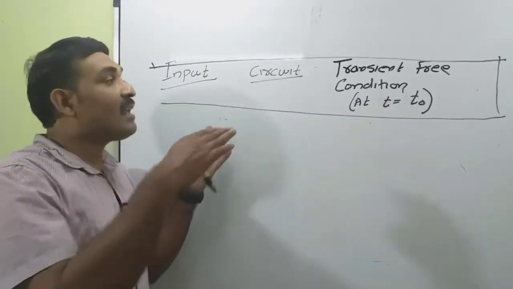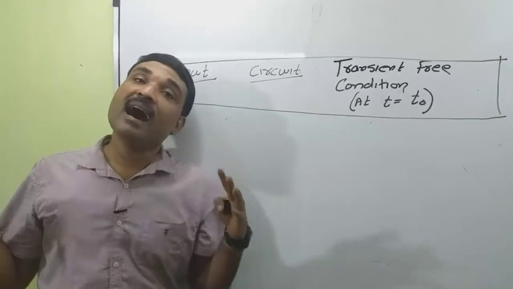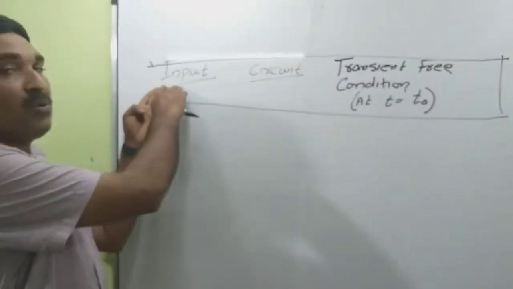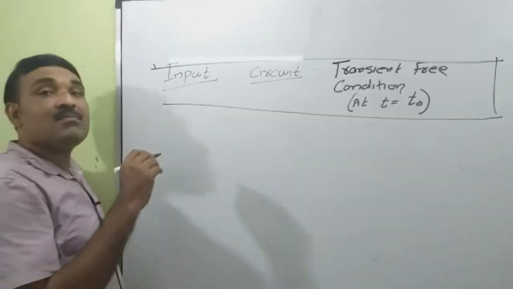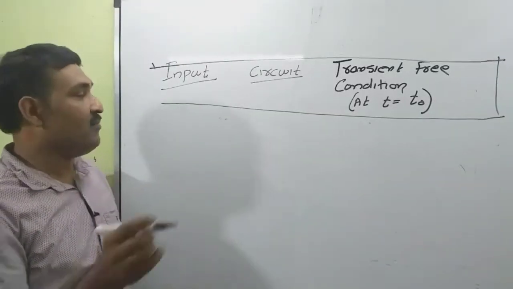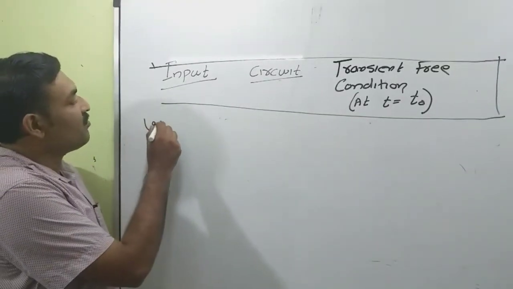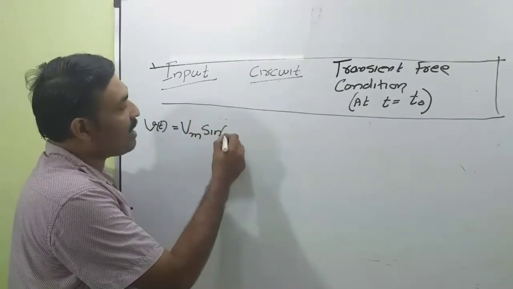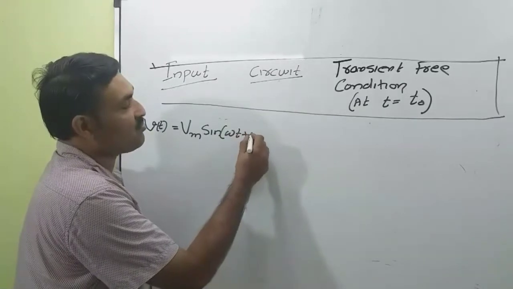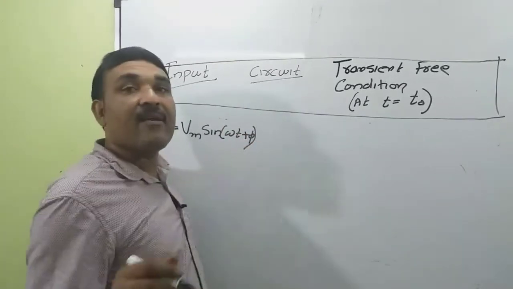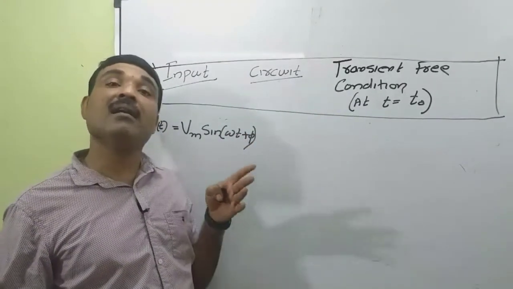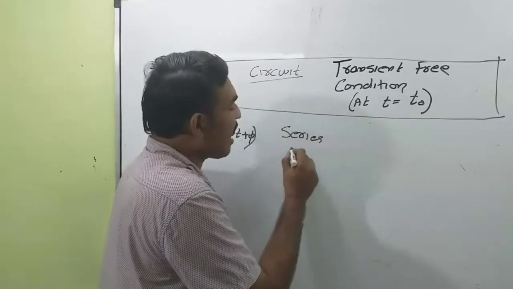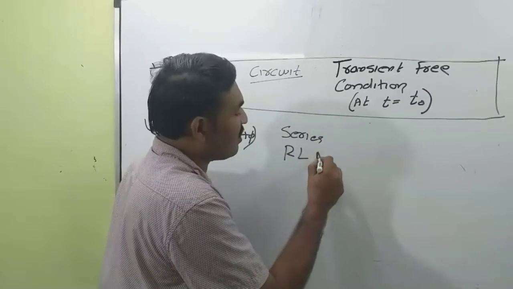Now we are going to generalize the concept for RL and RC networks if the input is a sine input or cosine input. Suppose the input or excitation is Vm sin omega t plus phi. So our input is V of t is equal to Vm sin omega t plus phi, and our network is a series RL network.